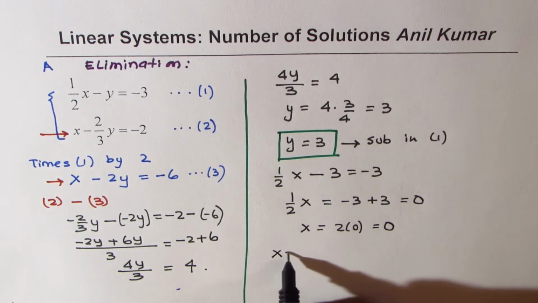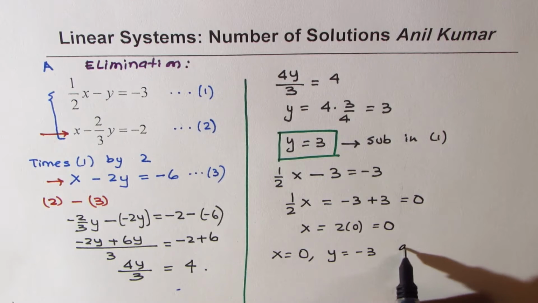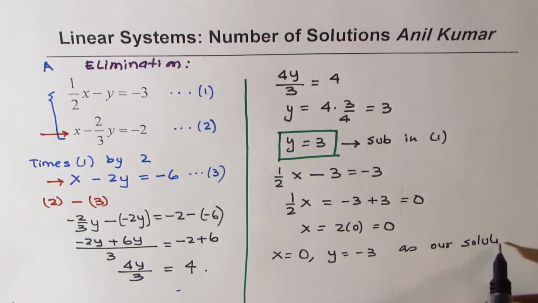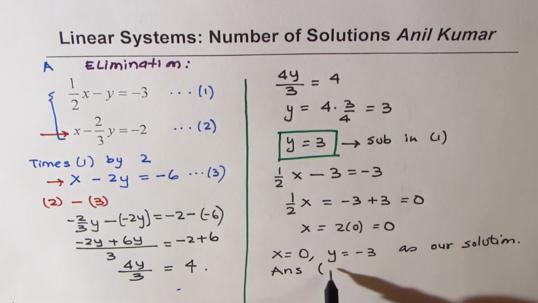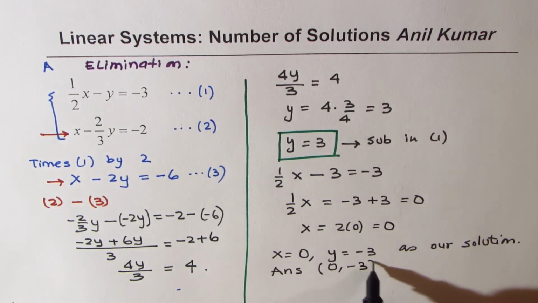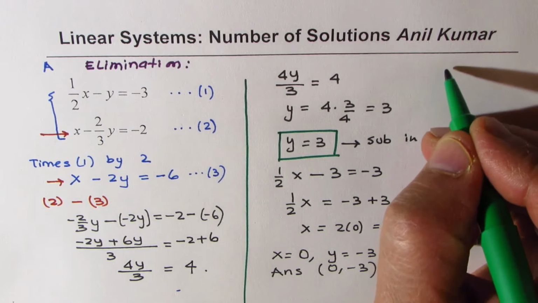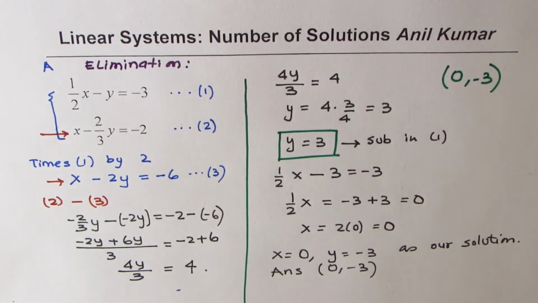So we get x equals 0 and y equals 3 as our solution. Clear? Now, the solution should be written as a coordinate point, 0, 3. Correct? So for this system of equations, we have a solution which is the coordinate point 0, 3. So that is how you could solve it.